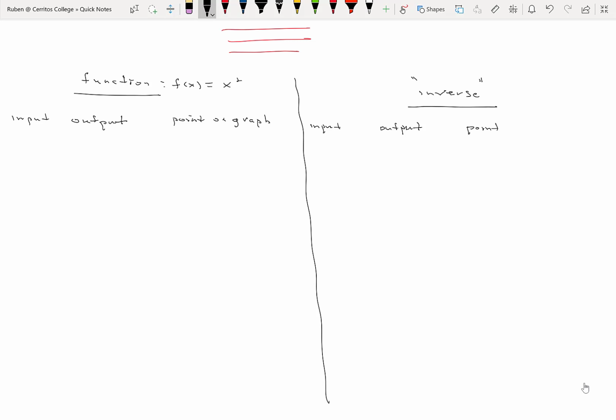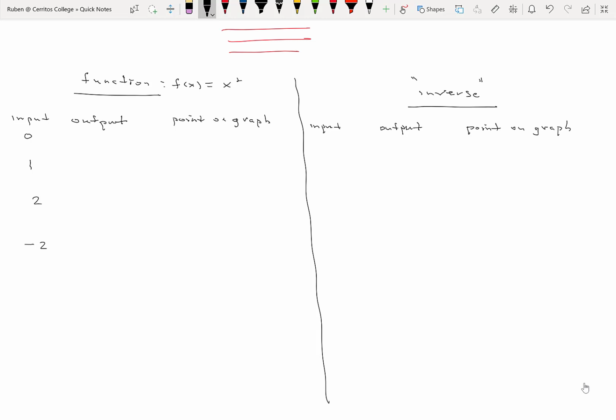And let's take a look at the corresponding point on the graph of the inverse. Okay, so in the input, I'm going to choose very specific values for inputs and outputs. So I want to input 0, 1, 2, and -2.